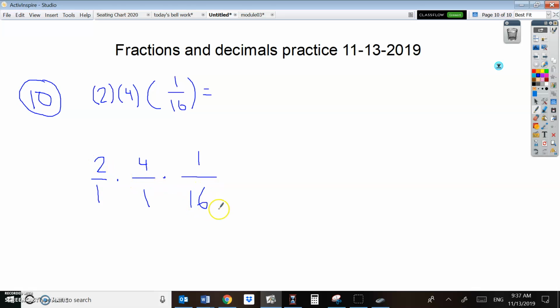Cancel the 2 and the 16. 2 divided by 2 is 1. 16 divided by 2 is 8. Cancel the 4 and the 8. 4 divided by 4 is 1. 8 divided by 4 is 2. And now, 1 times 1 is 1. 1 times 1 is 1. 1 times 1 is 1. 1 times 2 is 2. 1/2 is our answer.